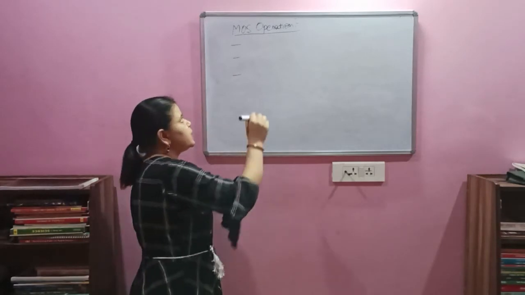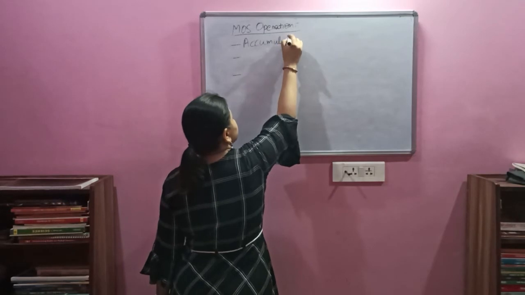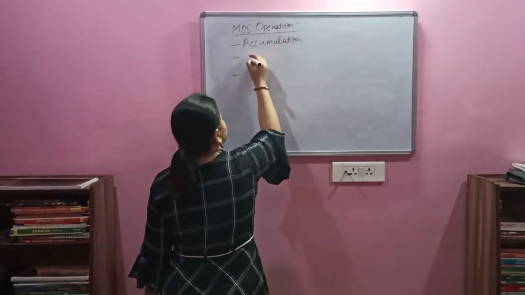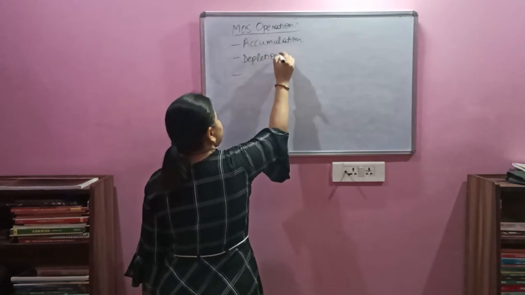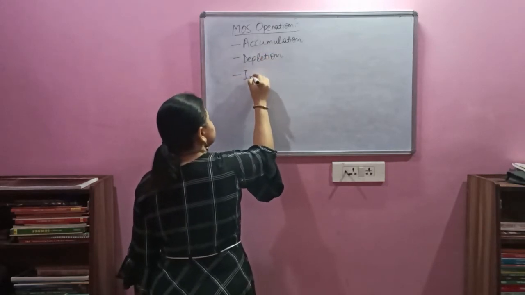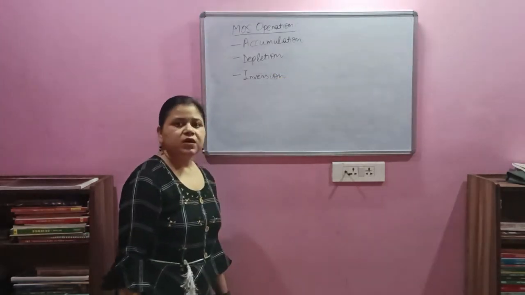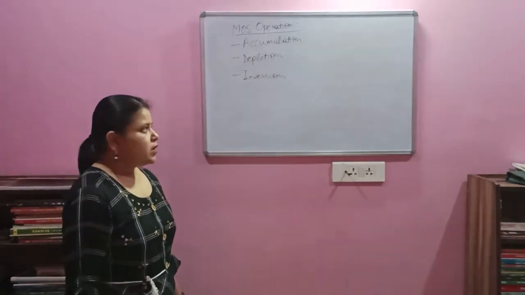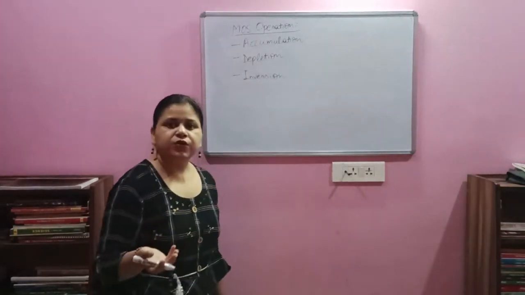The first step is known as accumulation. Second comes depletion, and after depletion we have inversion.